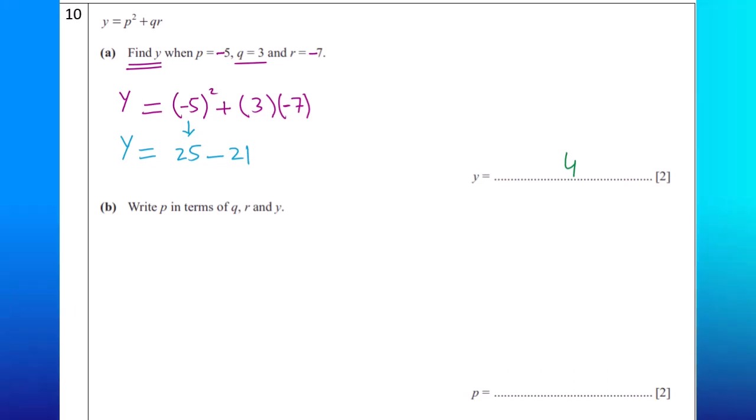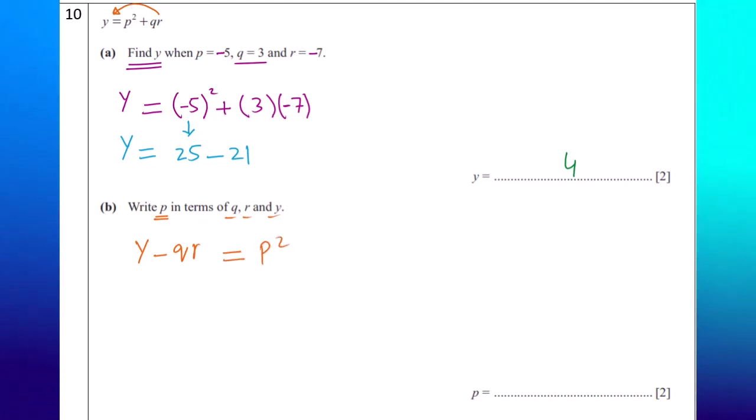Now in the B part, they said write P in terms of Q, R, Y. So now your target is to separate P. So first step, we will shift this QR to the other side and we will subtract. First step, we will write Y minus QR is equal to P squared.